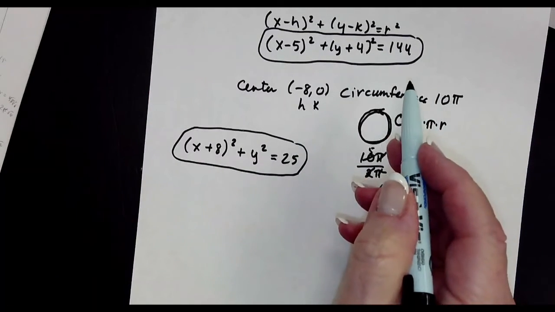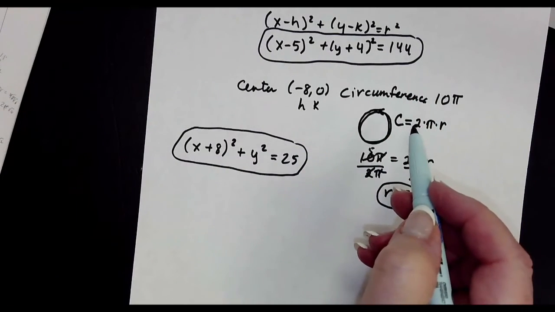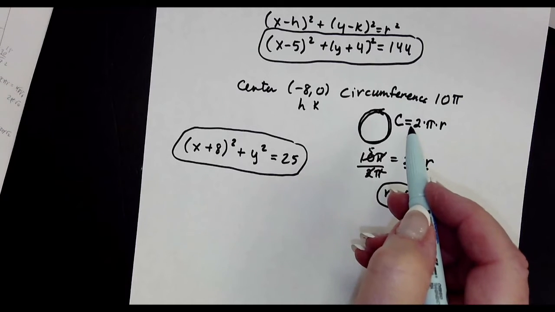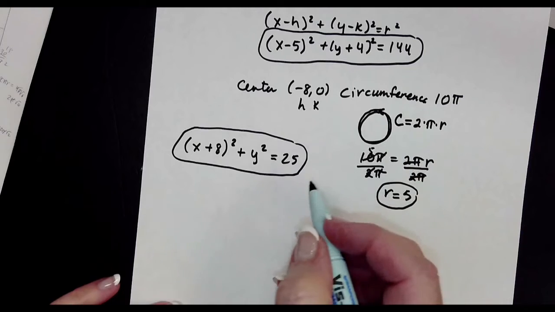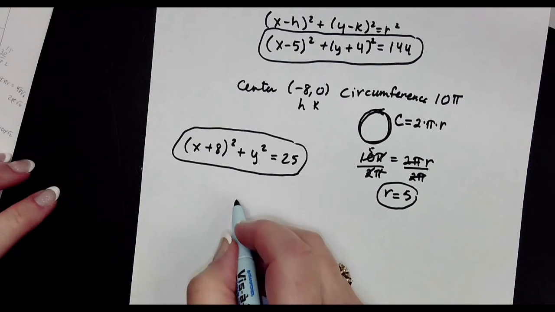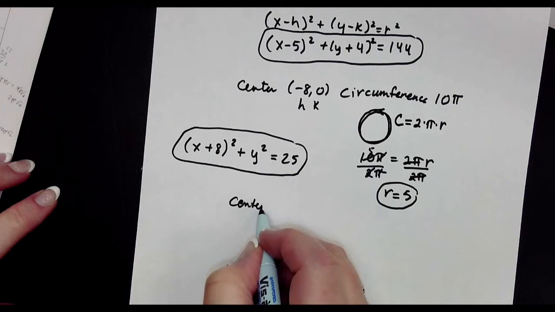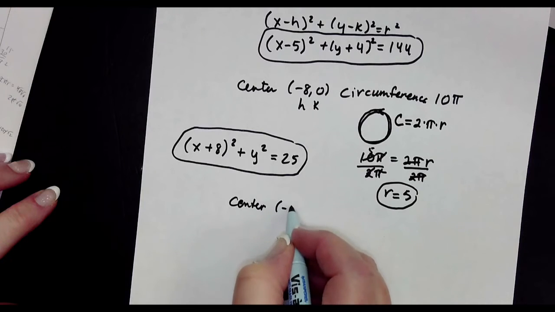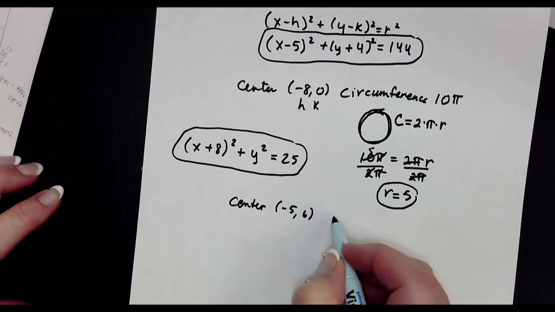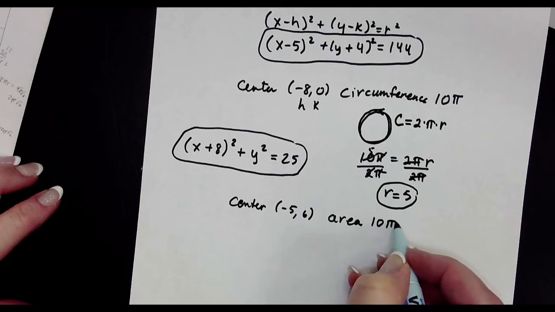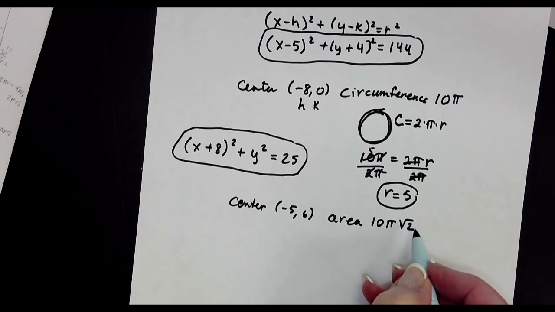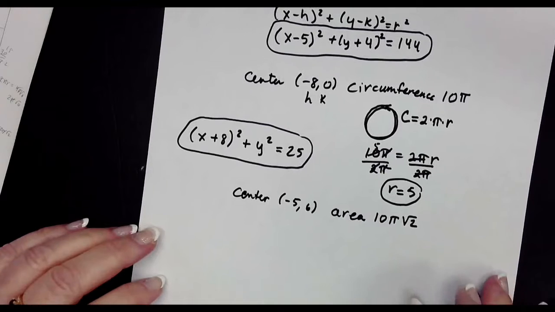So this would be our standard form. So we've done one with diameter, we've done one with circumference. So let's try one with area. So they give us center is -5, 6, and the area of the circle is 10 pi square roots of 2. Okay?